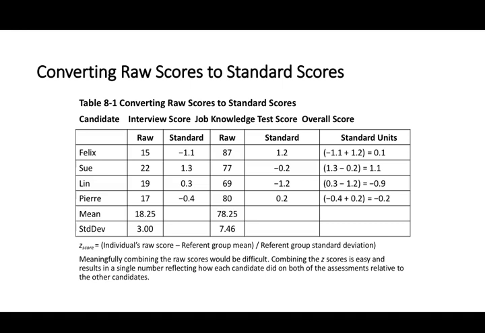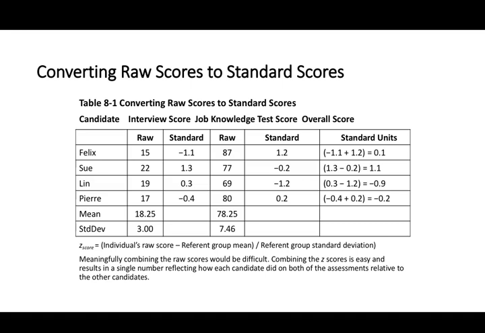So that would be your goal. The first thing you do with raw scores is you have the list of all the raw scores. You find the average of that group, then you subtract that average from the raw score, and then you divide by the standard deviation of the group. You can see here from the raw scores, the standard deviation in this example is 3, and the mean for the group is 18.25.